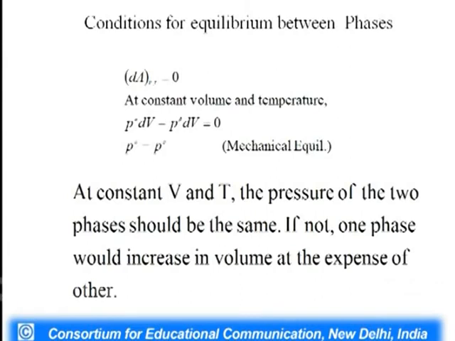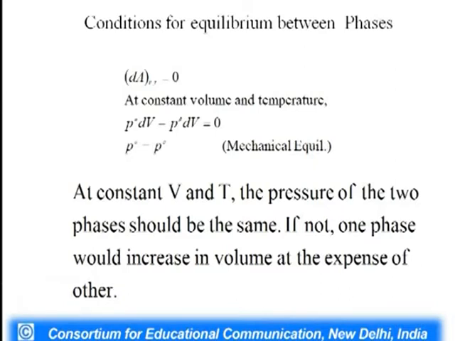Now, if we have a system at constant volume and temperature, so we are not taking an isolated system, we know the equilibrium condition is dA at constant V and T equal to 0. Suppose we do not have equilibrium, then volume will flow from one side to the other.